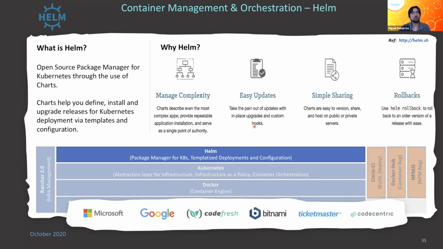And the nice thing is, it also manages things like upgrades. You're able to just modify those configurations and then do upgrades based on those configurations. It simplifies things hugely, and it also supports rolling back updates or upgrades.